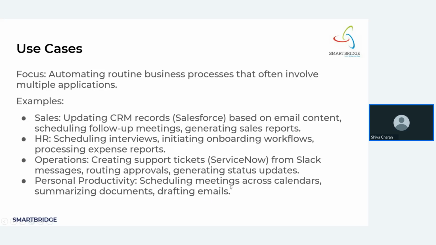In drafting an email or summarizing a document, we just use an online available LLM, correct? In an LLM playground, we just visit that LLM and summarize the document or draft the email, correct? So these are some of the use cases in different sectors or departments: sales, HR, operations, personal productivity. Okay, fine.